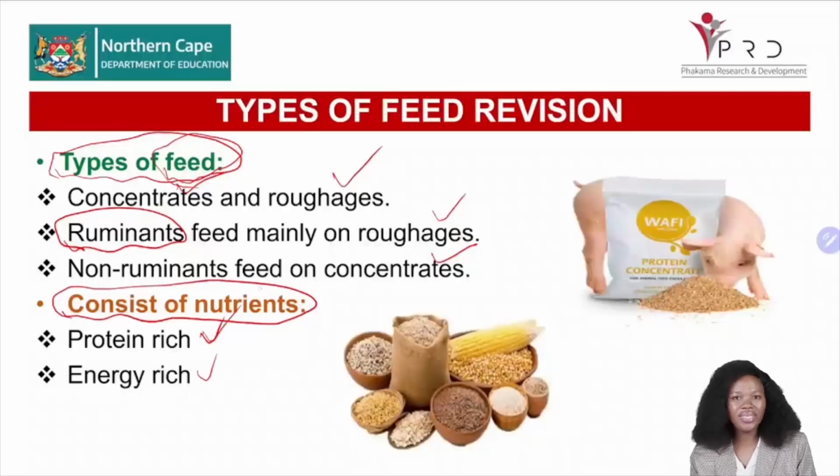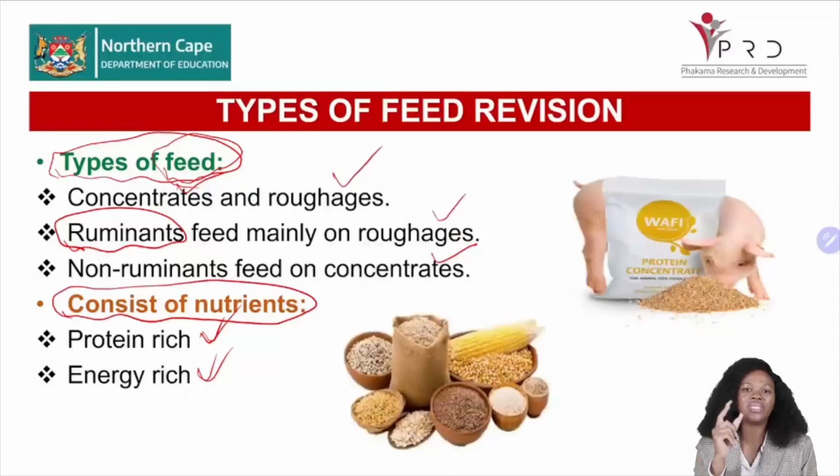So we have feeds that are protein rich, meaning those feeds have more protein. And then secondly, we have feeds that are energy rich. Those feeds contain more of carbohydrates and fats combined, right? They have more carbohydrates and fats than protein.